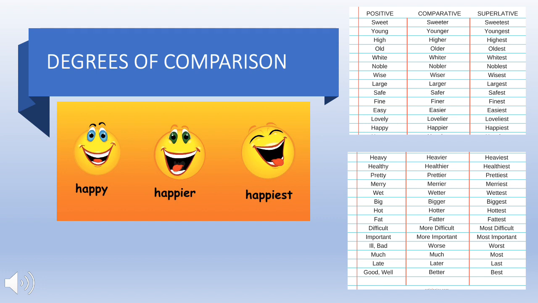I would advise you to think of more adjectives and adverbs and prepare a list like this for yourself, a table listing the positive, comparative, and superlative degrees of as many adjectives and adverbs as you can think of.